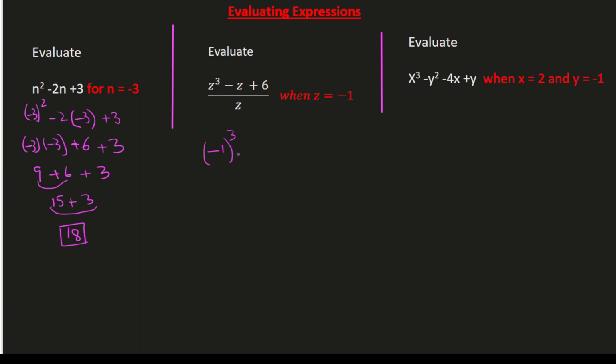Minus, I follow my expression, minus z, but z is equal to negative 1. So I need to write negative 1. For me to be able to do this, I have to put the parentheses here. So this is minus negative 1, the value of z, plus 6 over z, and z is equal to negative 1. So I get negative 1 at the bottom here.